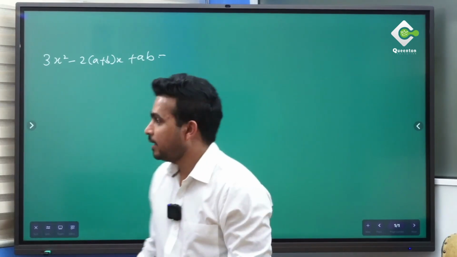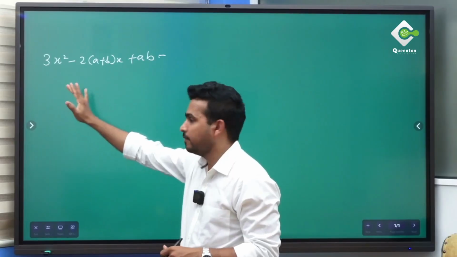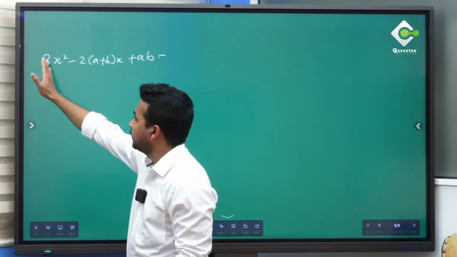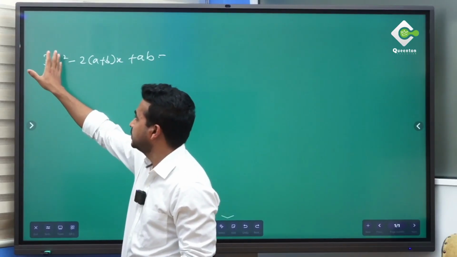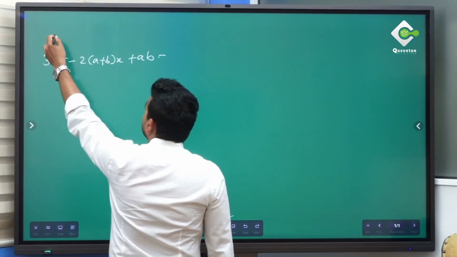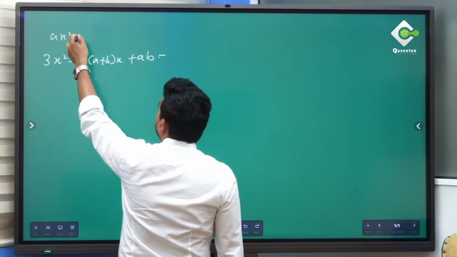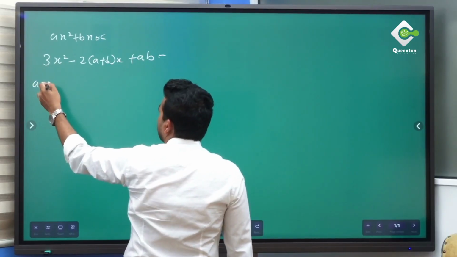First thing is we have to check whether it is in the correct format. We'll go one by one. We have only one x squared term, and 3 will be the coefficient. After comparing with the main equation, a would be 3.